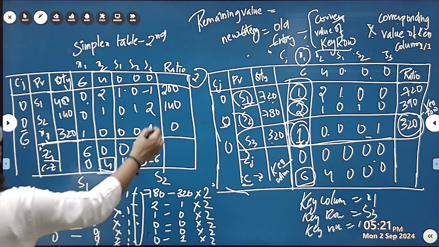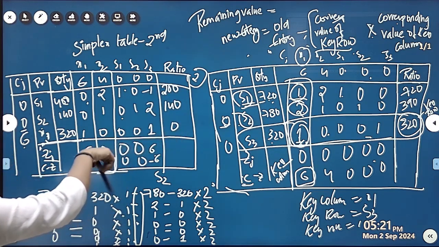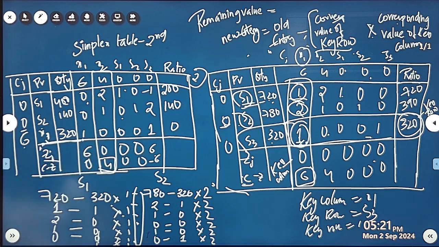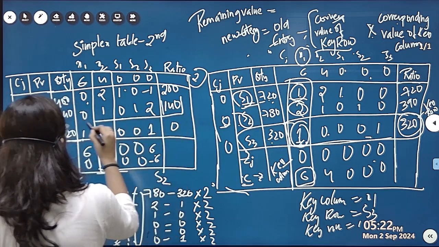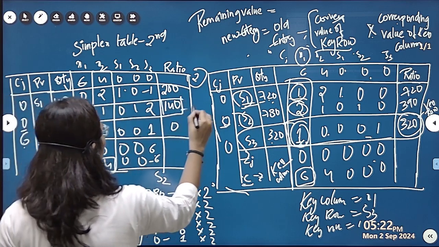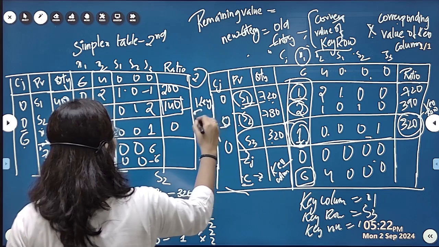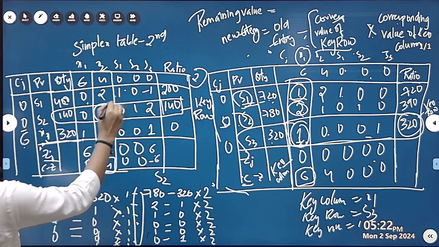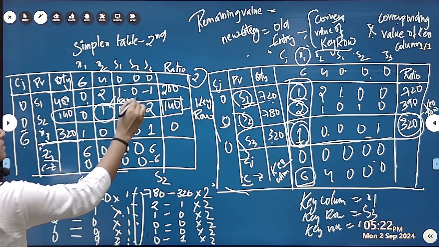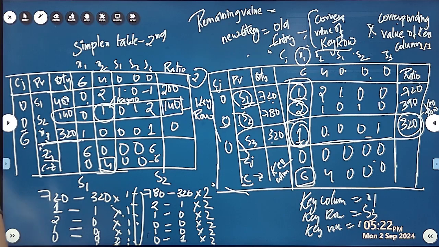So now in this ratio, what is the positive and minimum value? 140. We cannot take 0. Okay. So now this row will be the key row. So tell me the number which is intersecting both the key column and the key row. This is 1, right? So now this is the key number. Okay. Can I erase the table 1?